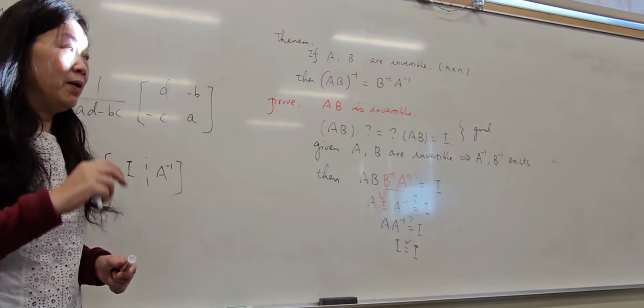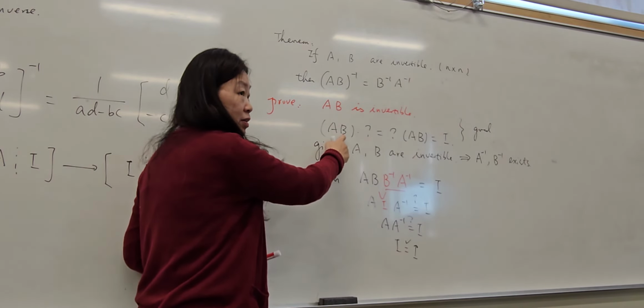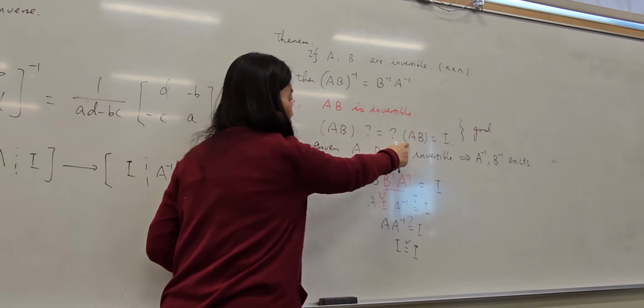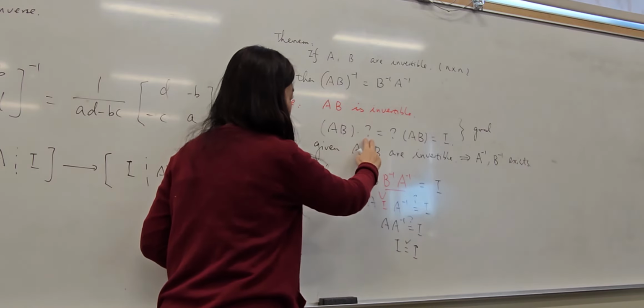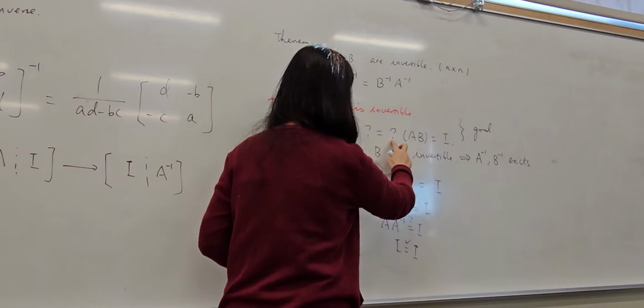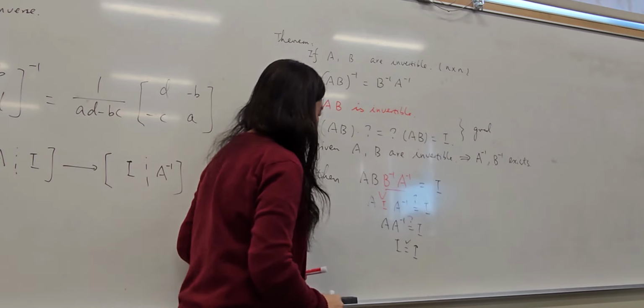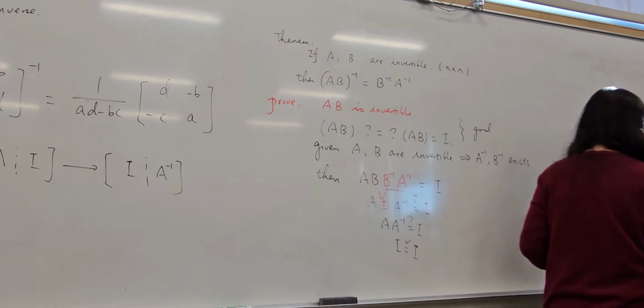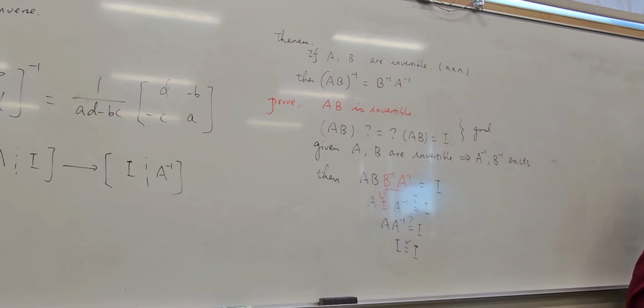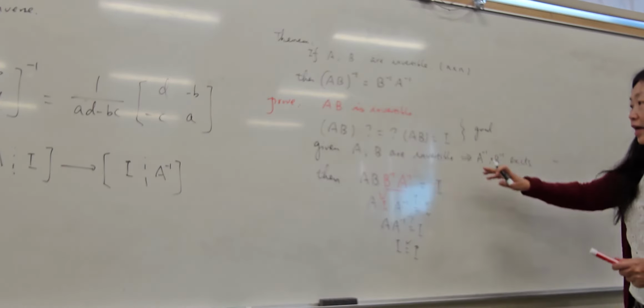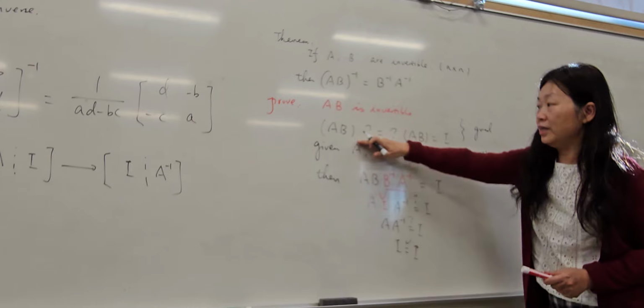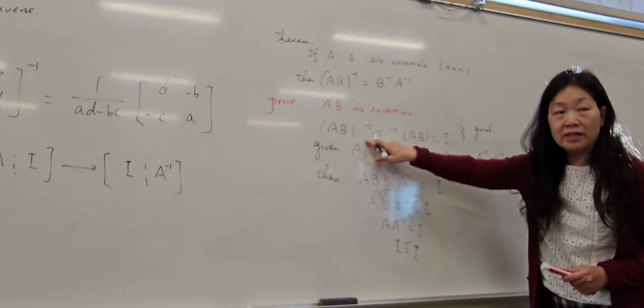Now you need to flip them, because it said you need to flip them also. AB times that thing equals I, and that same thing times AB equals I. So we did this side already.